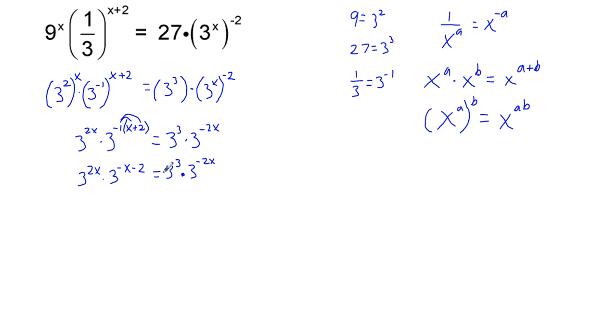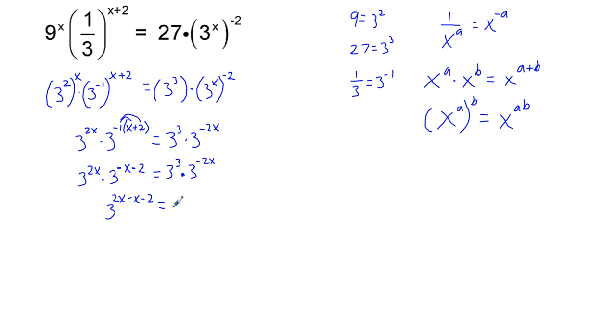Now, what we're going to do is use this product of a power, the second one right here, in adding these exponents together. And so we have a common base, we have everything we need to go ahead. So we're going to have on the left side, using our common base of 3, 2x plus negative x plus negative 2, so I'm putting that minus x minus 2.